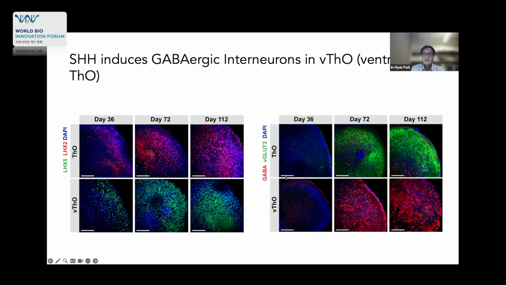Very simply, we used two markers: VGLU2 for excitatory neurons, and GABA as an inhibitory neuronal marker. As you can see, the thalamic organoid mainly expresses VGLU2, representing excitatory neurons, and the ventral thalamic organoid expresses GABA, meaning they are mainly GABAergic inhibitory neurons.